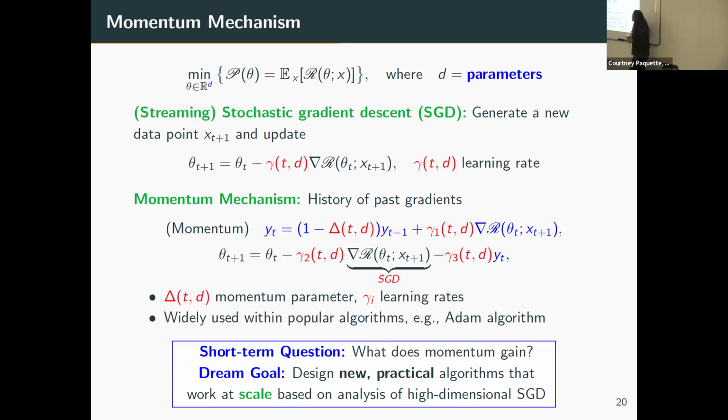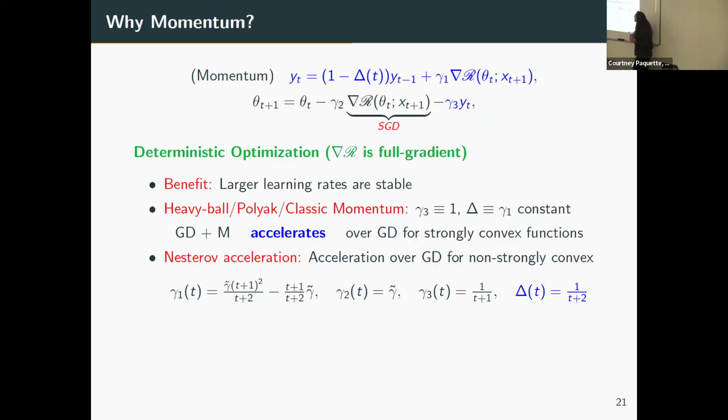What I was interested in is, is there actually a way to choose these hyperparameters as functions of D, the parameter size, so that I can actually beat SGD? How do I actually choose hyperparameters?